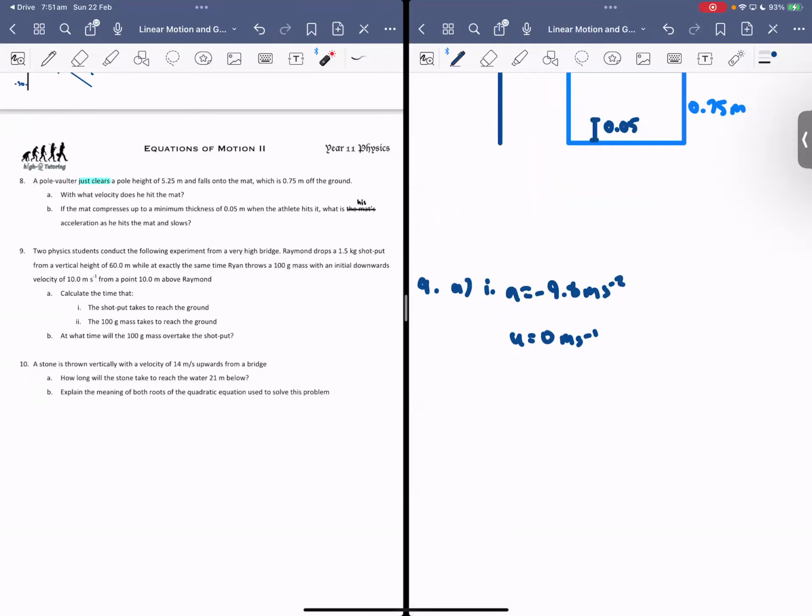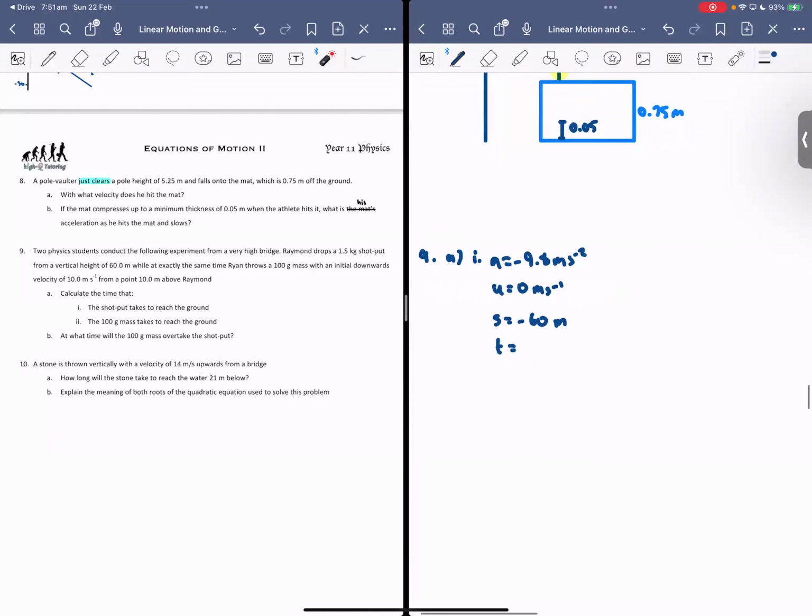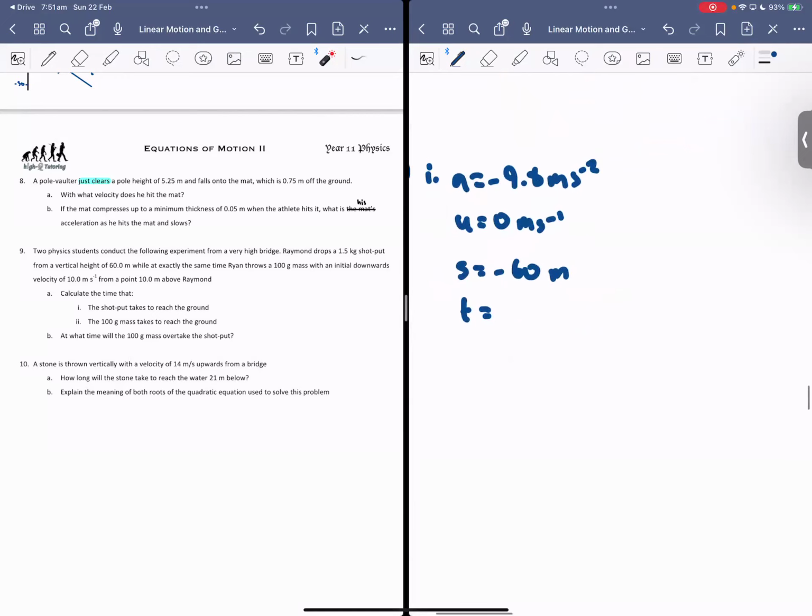Initial velocity is 0. And it fell 60 meters, so s is negative 60 because it's on the way down. And we want t. Which formula has got a, u, s, and t?